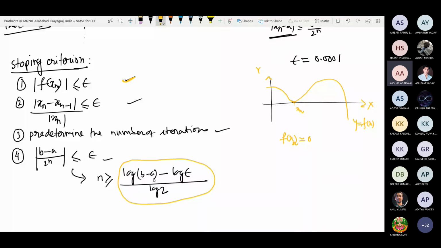So xn is not a root, even though its functional value is very close to 0. So that is why this first condition is very vague. It is not desired. You should not use this condition. Sometimes it will work, sometimes it will not. So use either the second or the third one, and the fourth one works only for the bisection method.